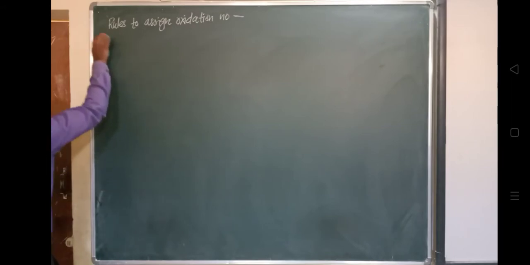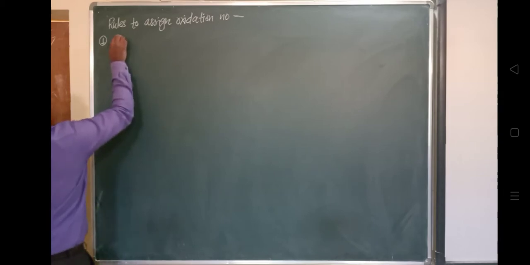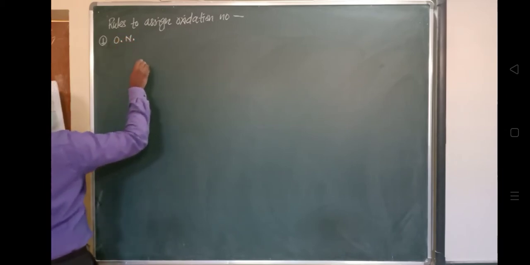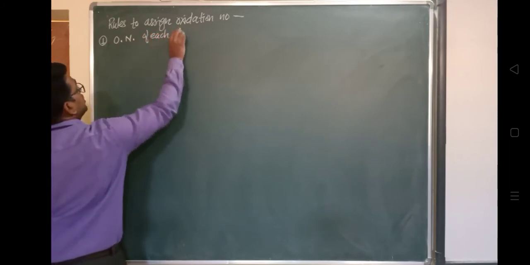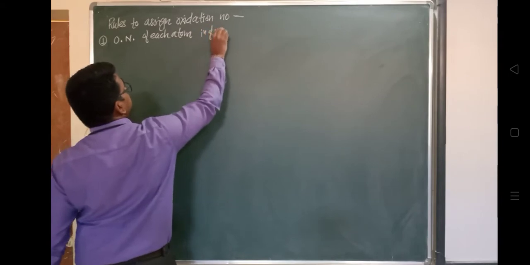I will write it with ON, which stands for oxidation number. The oxidation number of each atom of an element in a free state will be 0.